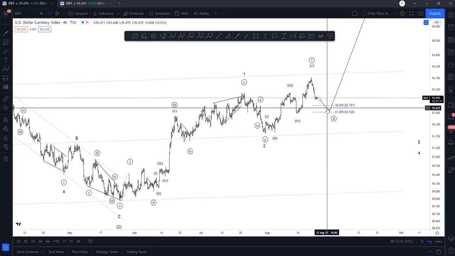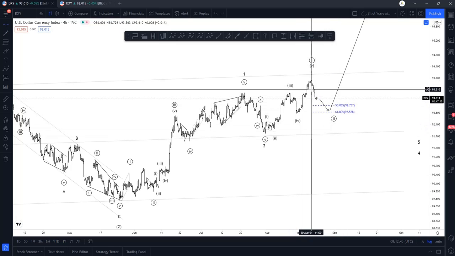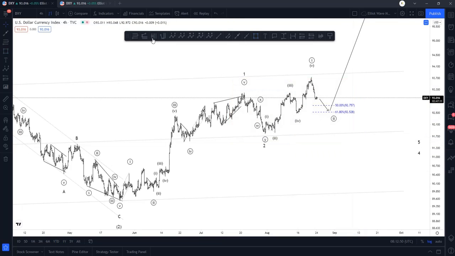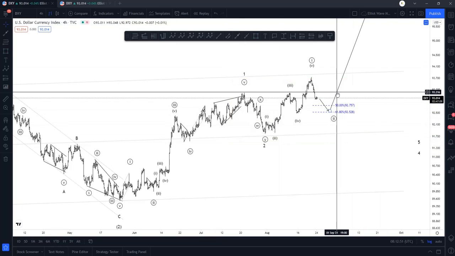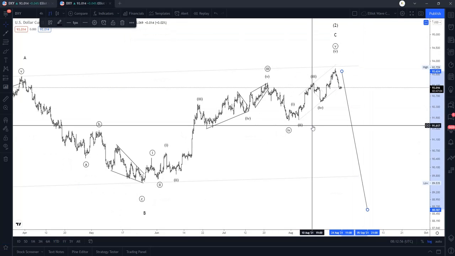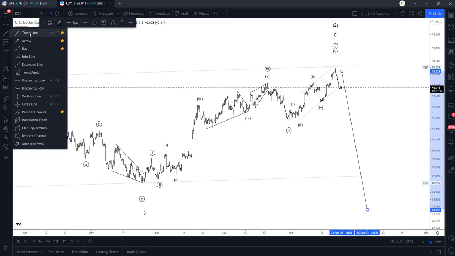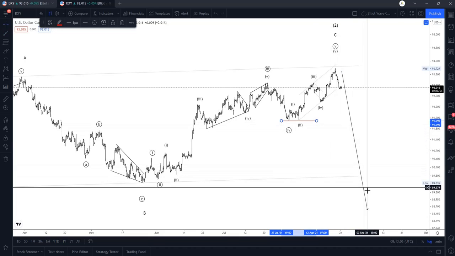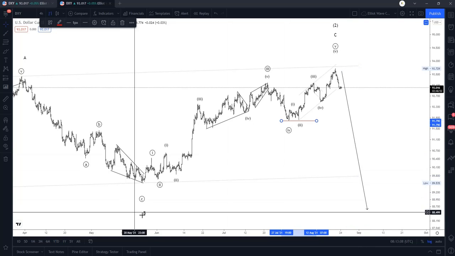If we see a drop lower from here, we have two options. This could also be a corrective flat, or it could just be the start of a new 5-wave decline, as we have here. How would we know? Well, firstly, what we want to see is a break of this wave 4 as a signal to the potential for price to fall much, much lower. That's the first signal.